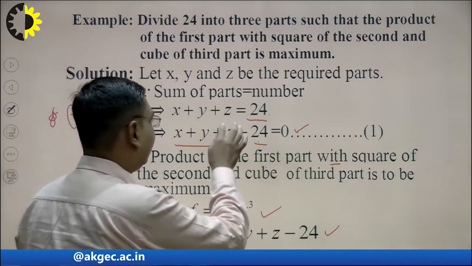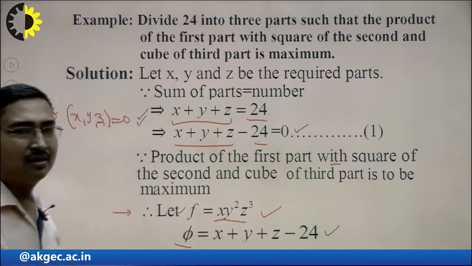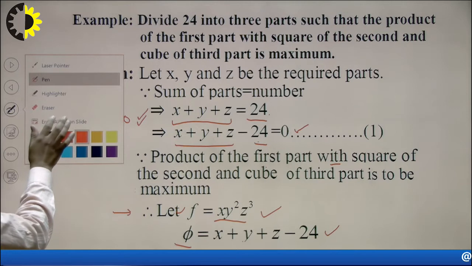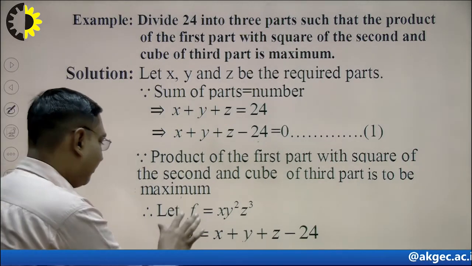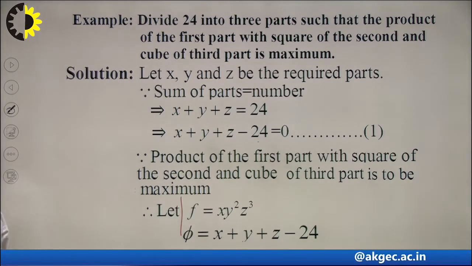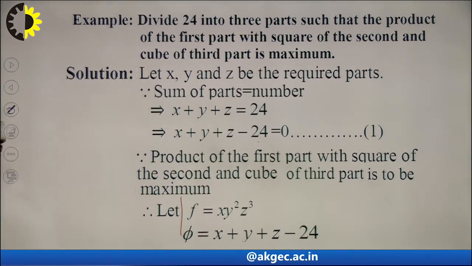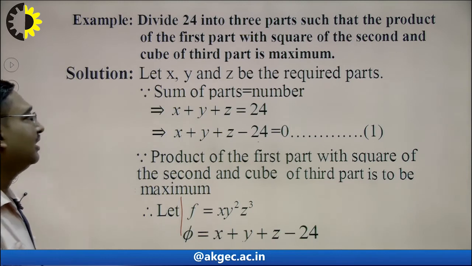But if I take this quantity x plus y plus z only as phi, then it will make no difference. Now f and phi are obtained. Now we shall construct the Lagrange equations, and solving those equations for x, y and z, we will get stationary points for this function f.